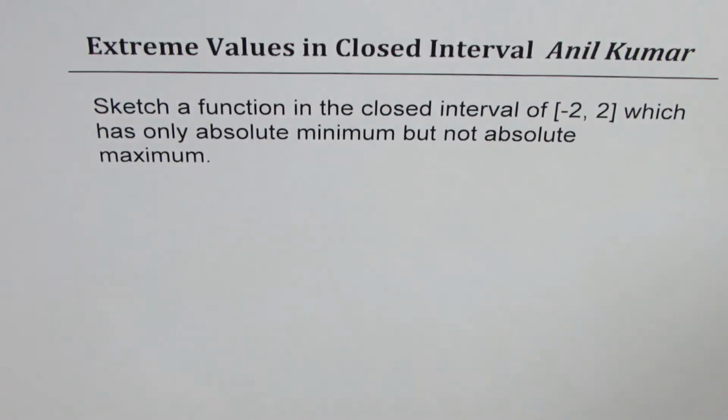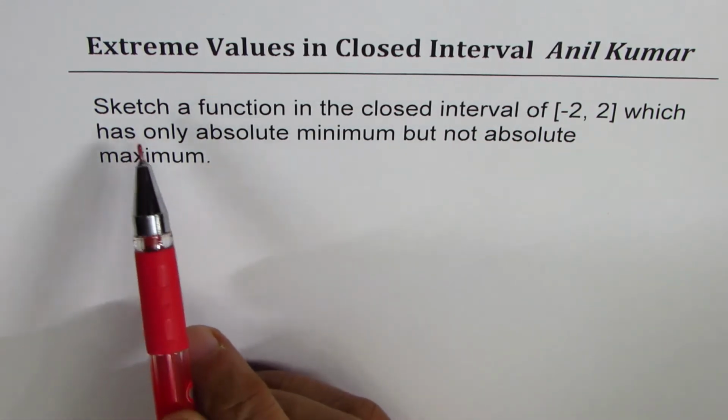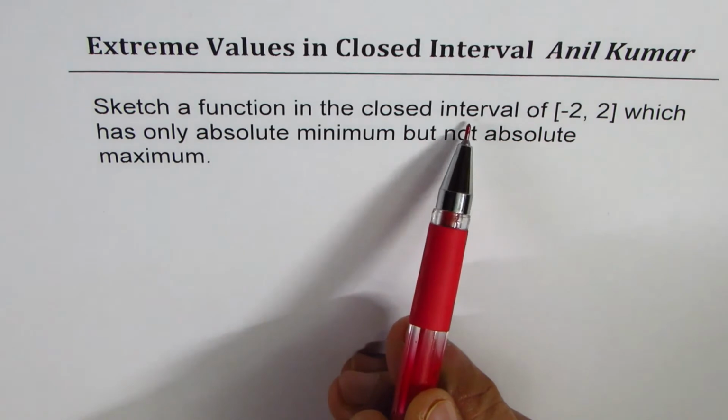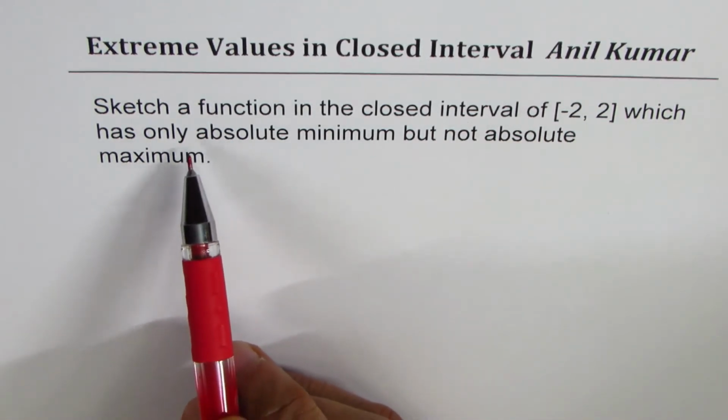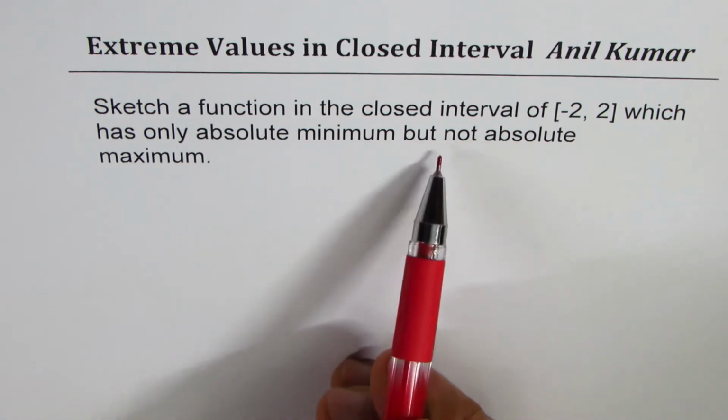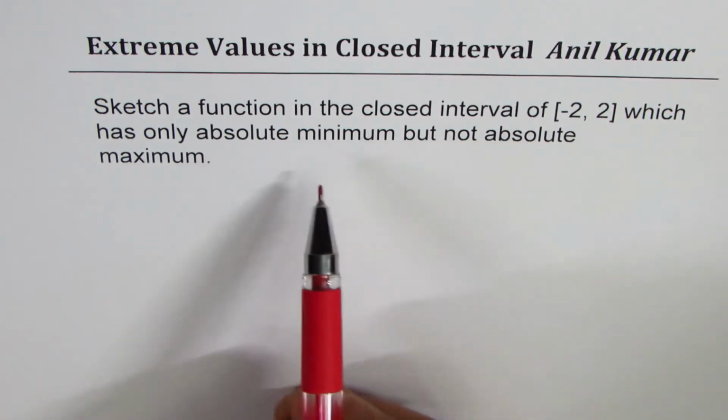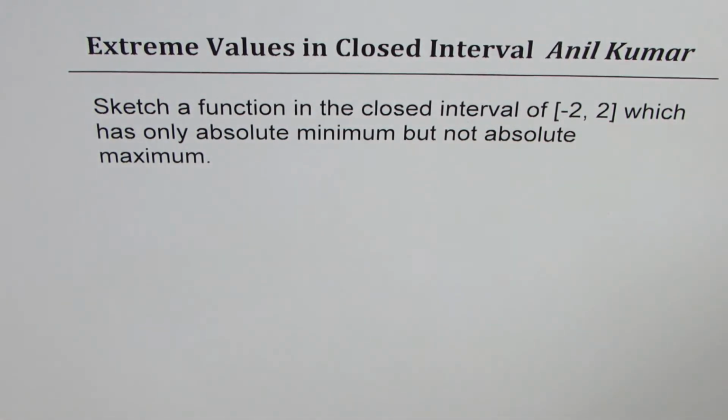Let's see another example, and this one is a very interesting question for you. It says, sketch a function in the closed interval -2 to 2 which has only absolute minimum but not absolute maximum. Well, that's very difficult, since we know that in a closed interval we should have both.